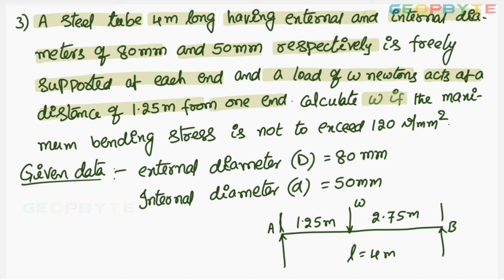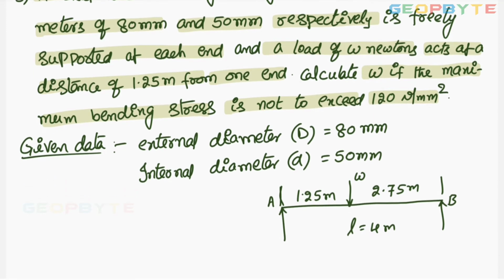Next, calculate W if maximum bending stress is not to exceed 120 Newton per mm square. Here maximum bending stress is given. Bending stress sigma B is given.